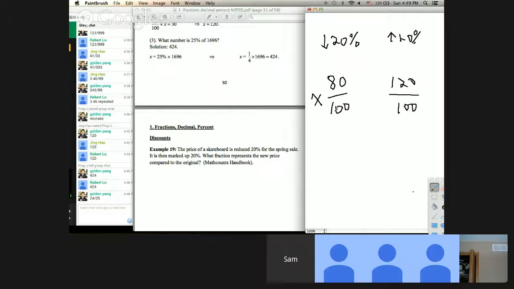Because if you take it down 20%, what it actually equals is 80% of your price, and if you increase it by 20%, it's now 120% of the original price.